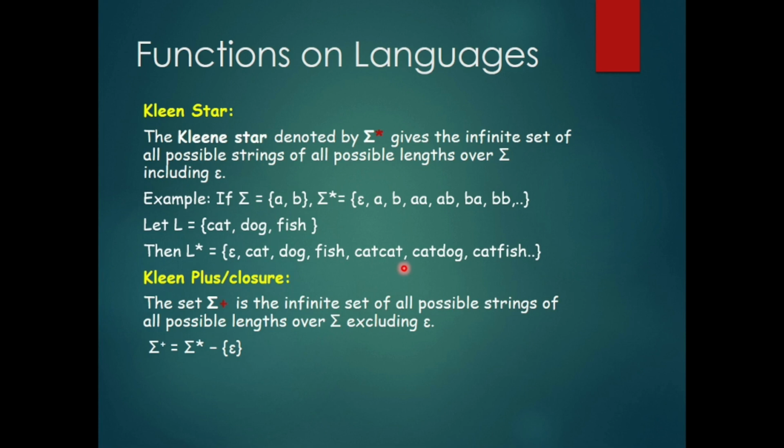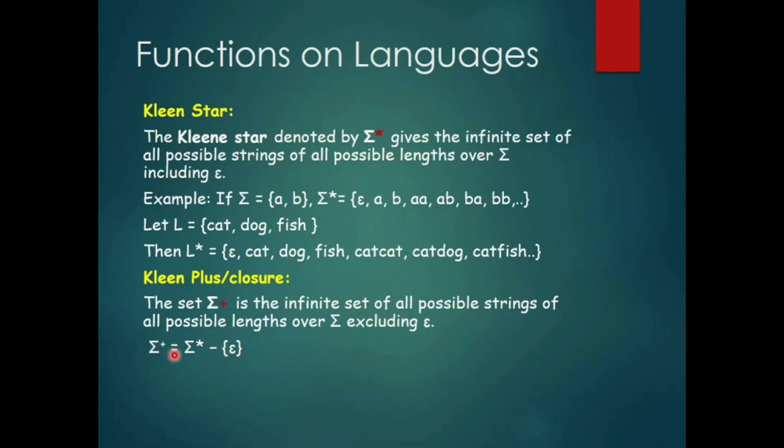Kleene plus, or Kleene closure, is very similar to Kleene star, but with a slight difference. Kleene plus is an infinite set of all possible strings of all possible lengths over sigma, excluding epsilon. So the only difference is that Kleene plus will exclude epsilon from the set.